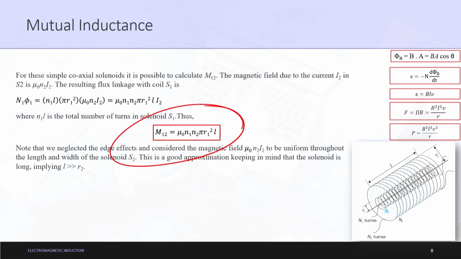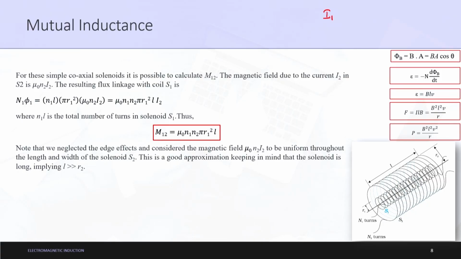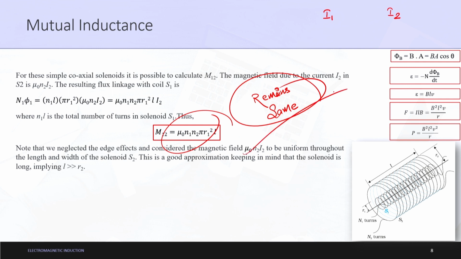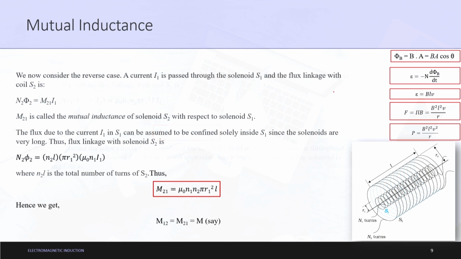If you see, the formula is same here. That means the mutual inductance does not depend on any case or on any solenoid. If the solenoid is reversed, or if the current passing through any solenoid is reversed, let us say we are talking about the current I1 passing through the S1 coil, or the current passing through the second coil, the mutual inductance remains same.